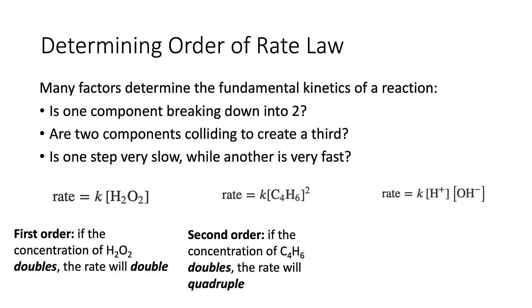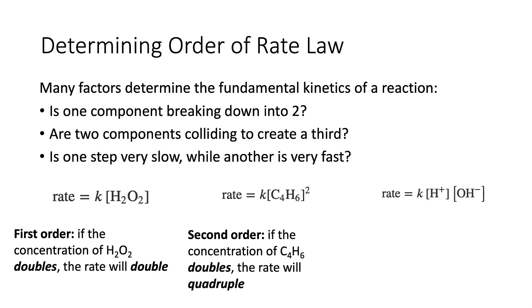Mathematically speaking, if the concentration of this C4H6 is to double, the rate is going to quadruple because the effect on the rate of the concentration changing is going to be squared. So if we double the concentration of C4H6, doubling squared makes a 4 times factor on the rate. And the reverse is true also. If we are to halve the concentration, the rate would be quartered.